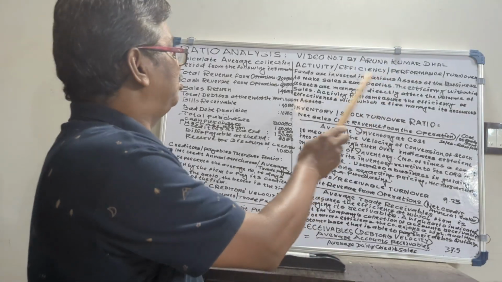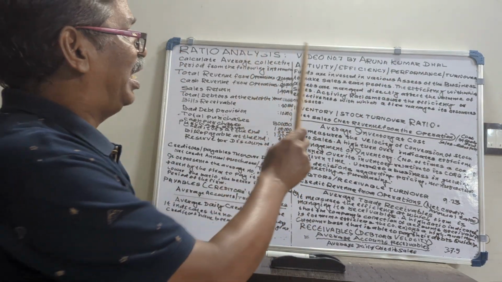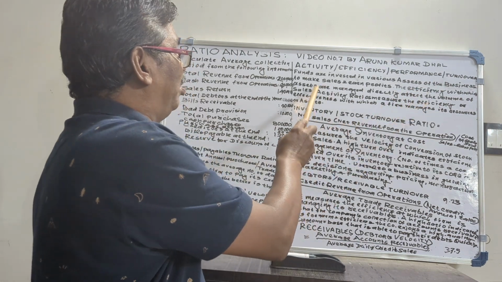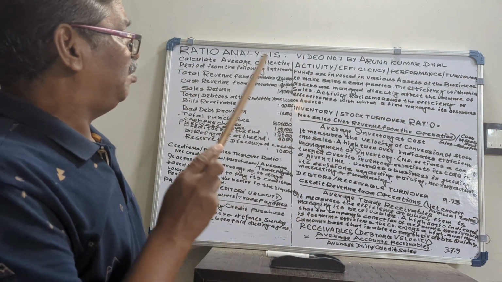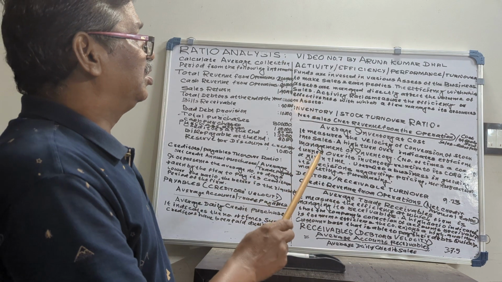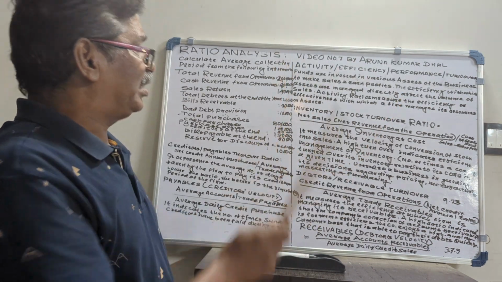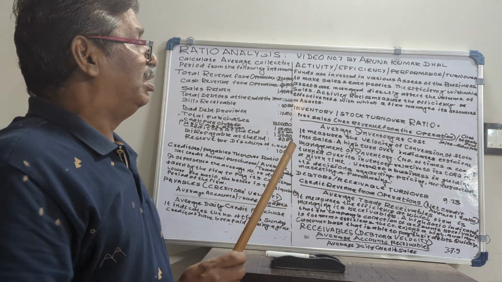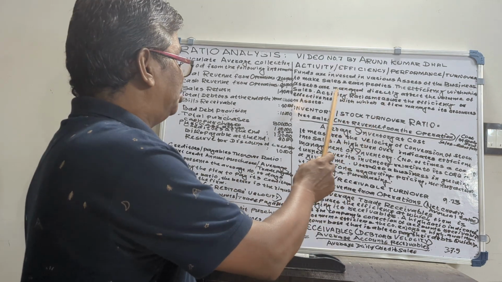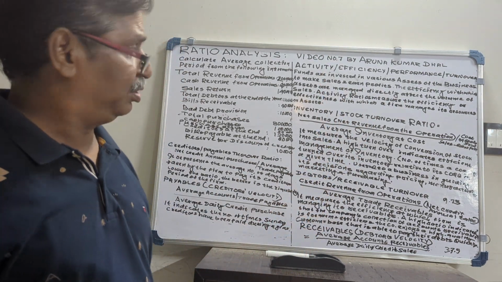So the efficiency with which assets are managed directly affects the volume of sales. Activity ratio measures the efficiency or effectiveness with which a firm manages its resources or assets.